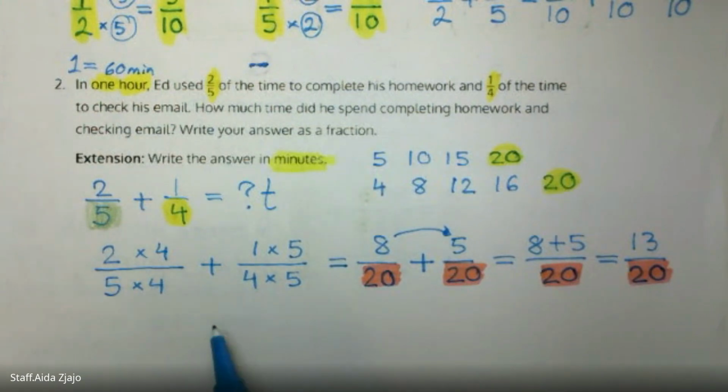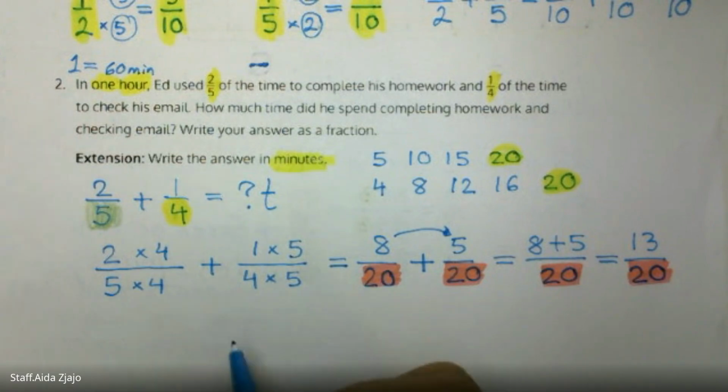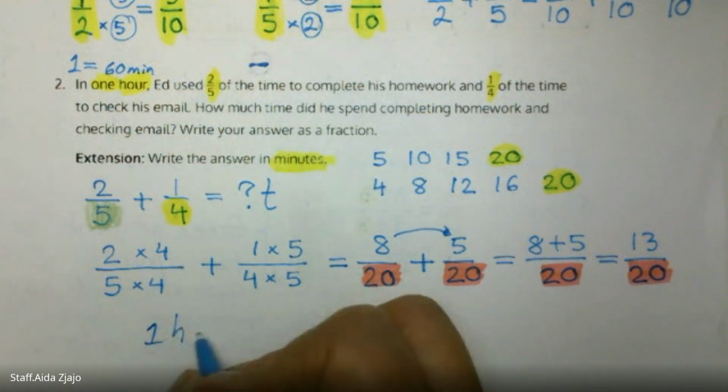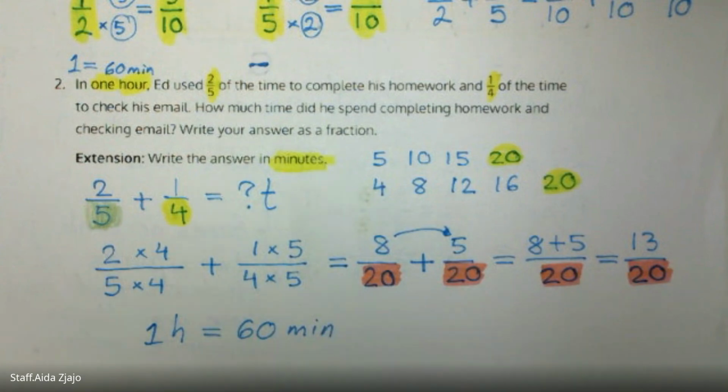So now we can see what it would be if we have 13/20ths of 1 hour, which equals 60 minutes. When we think about how much is that 13 out of 20, we need to figure out how much is one piece, 1/20th. What is the unit fraction? What is 13 times 1/20th?